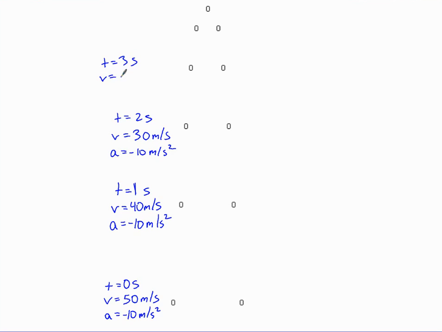The velocity is 10 meters per second less, 20 meters per second, and the acceleration due to gravity, negative 10 meters per second squared. At time equals 4 seconds, this point here, velocity equals 10 meters per second. Acceleration is negative 10 meters per second squared.